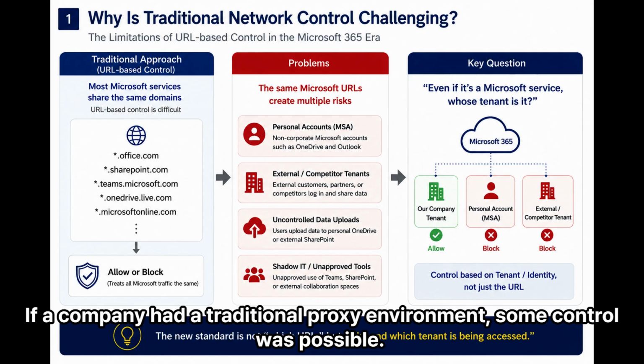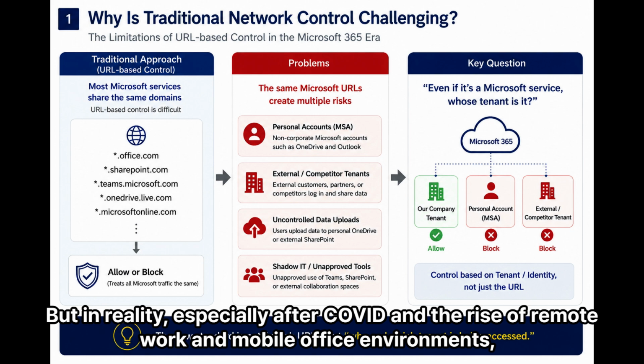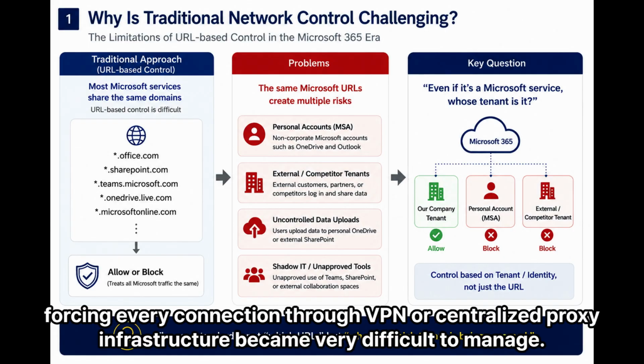If a company had a traditional proxy environment, some control was possible. But in reality, especially after COVID and the rise of remote work and mobile office environments, forcing every connection through VPN or centralized proxy infrastructure became very difficult to manage.